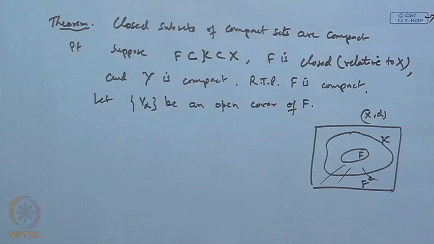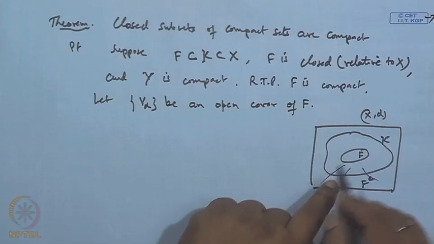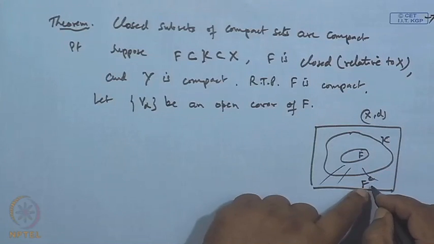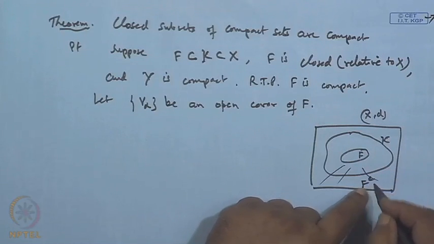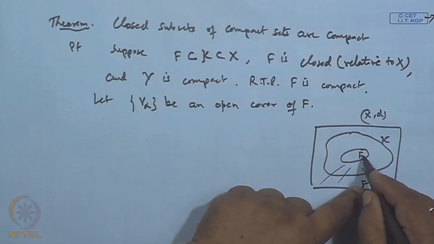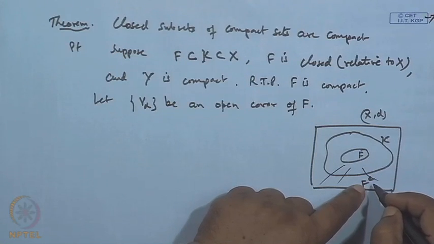Now, if we take an open cover of F, then some of the open cover will intersect F^c also. Because F is closed, F^c, the complement, will be an open set.